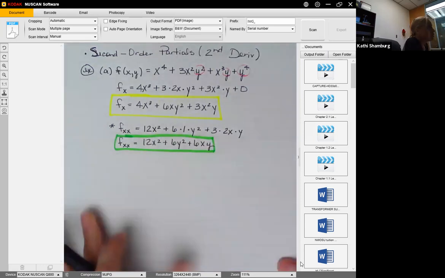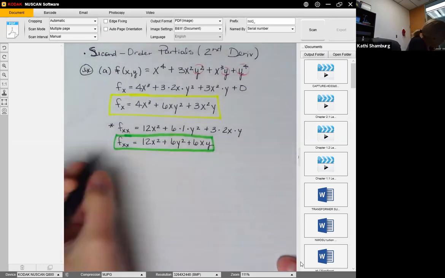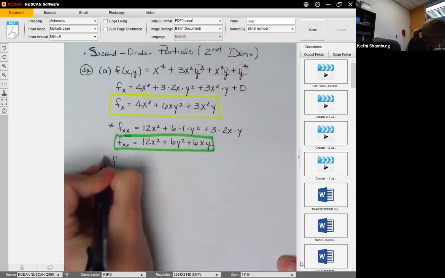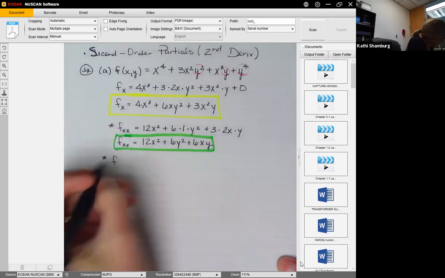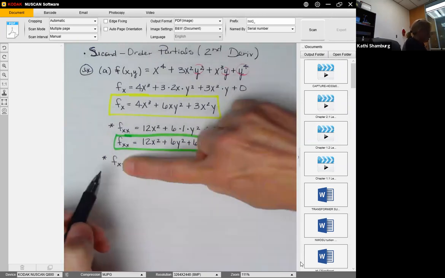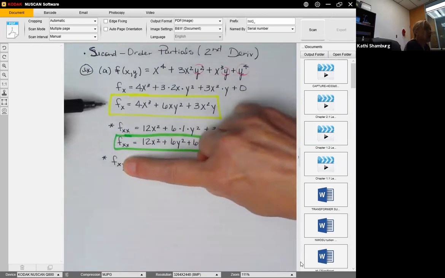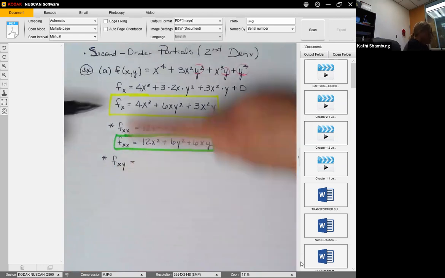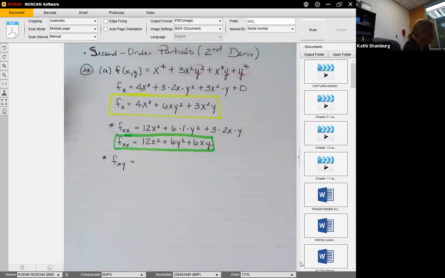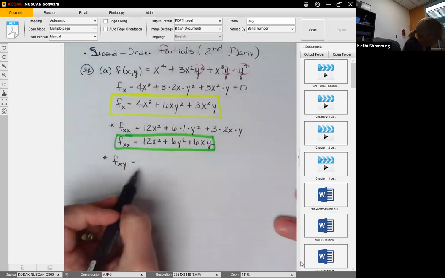What you can also do, and you may be asked to do, here we go, f of x y. So that means here's your first derivative with respect to x. Now take that function and take its derivative with respect to y. So now when we look at this, your x variables are going to be your constants or constant multiples.